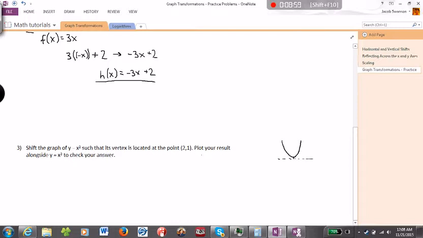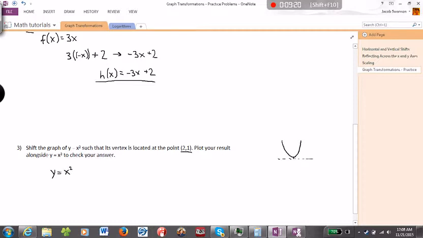So essentially all they're asking us to do here is to shift this graph 2 units in the positive direction to the point x equals 2, and then up to the point y equals 1. So we get this point here. So we're going to shift this graph 2 units to the right and 1 unit upward. The first thing we'll do is write our original function, y equals x squared.